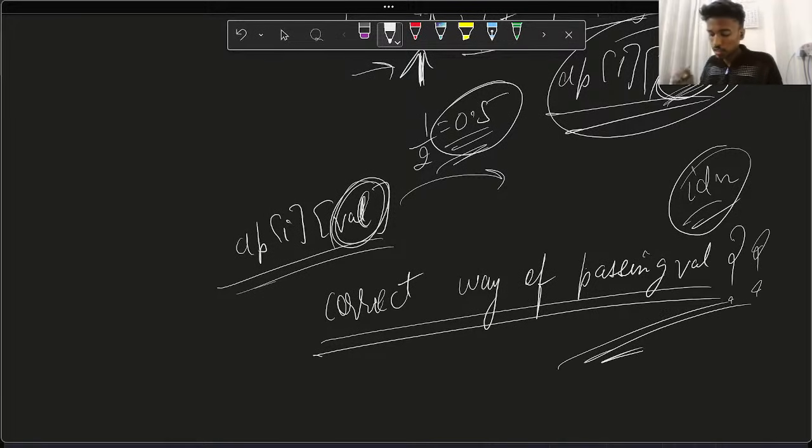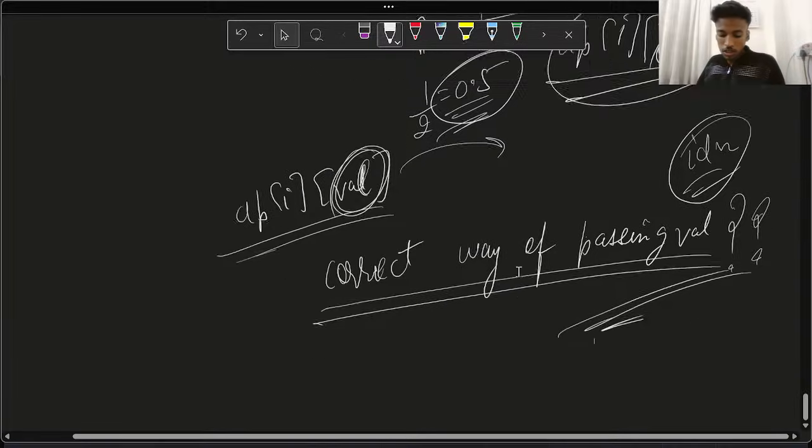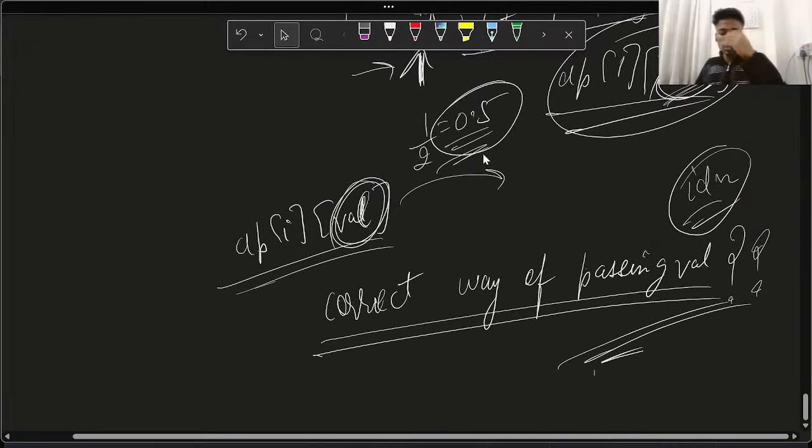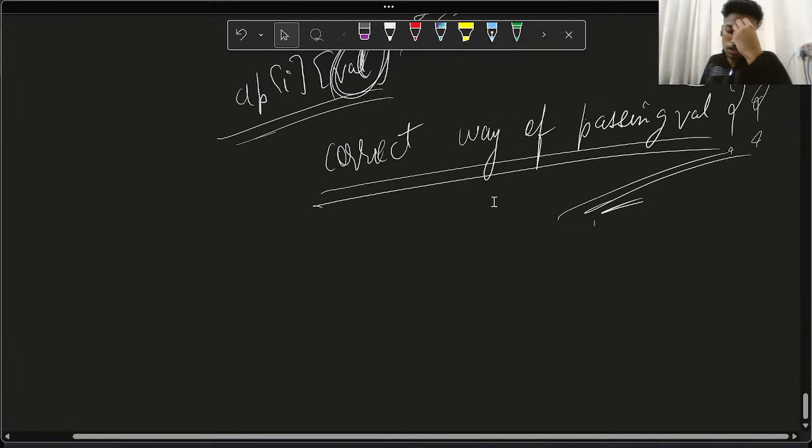This is the major part that remains in the question. The DP everyone can figure out, and this state also everyone can figure out. But the correct way of transferring this val so that it passes all the test cases is the key. So what can be one way?